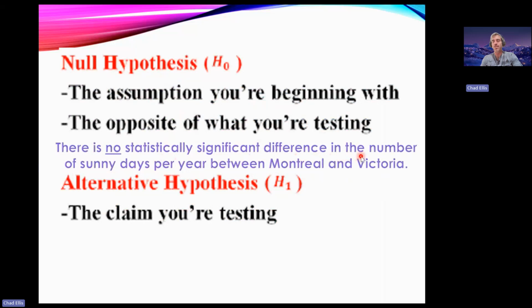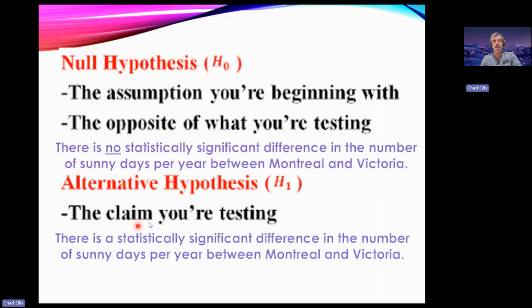There are differences, but those differences are just due to random sampling errors. If we reject the null hypothesis, we're saying that there is a statistically significant difference in the number of sunny days in a year between Montreal and Victoria. So again, you either have to go with one or the other. If we reject the null hypothesis, we're going to go with the alternative hypothesis.